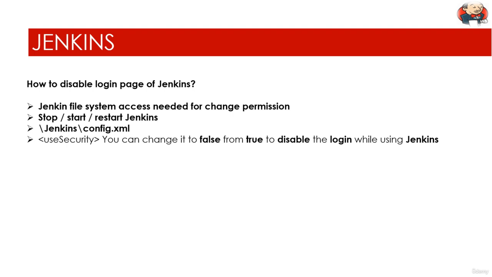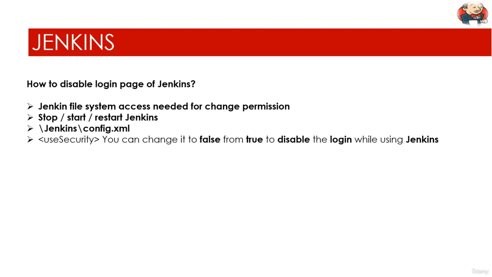In that case you need Jenkins file system access, where you have the Jenkins config.xml file, and you need system access where the Jenkins service is up and running, so you can perform a stop, start and restart command after making a small change in config.xml.